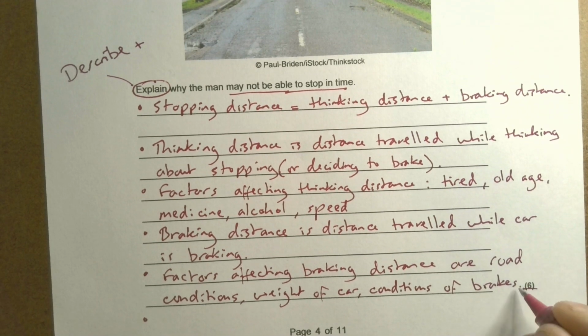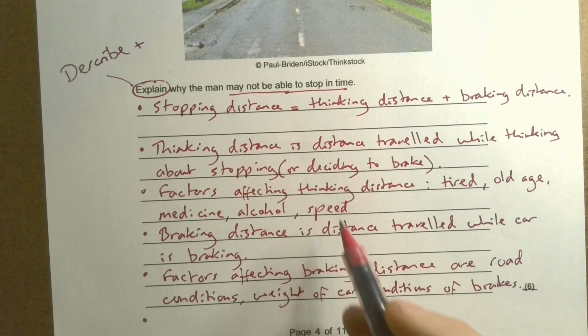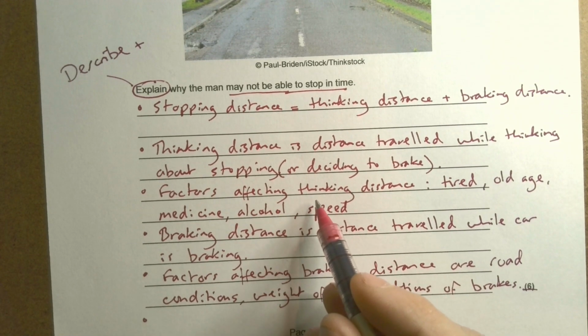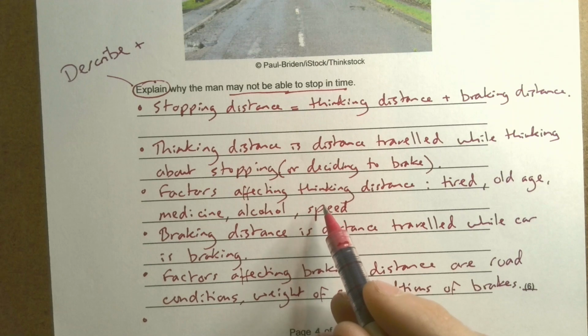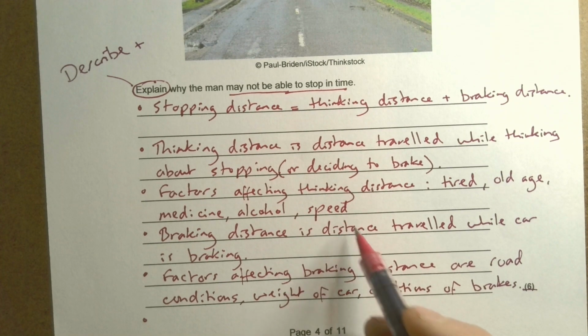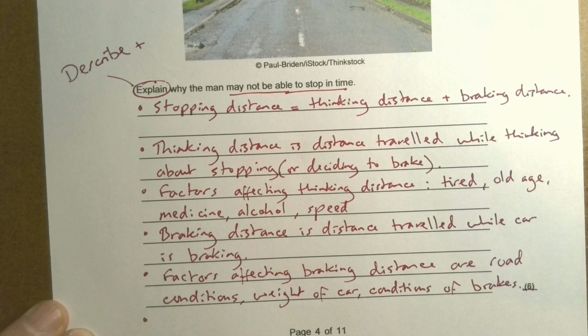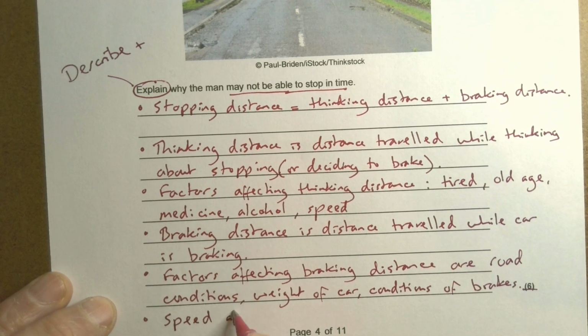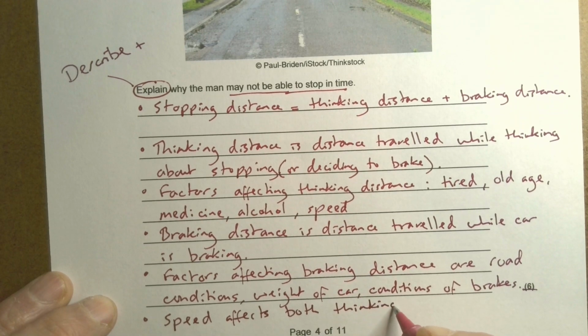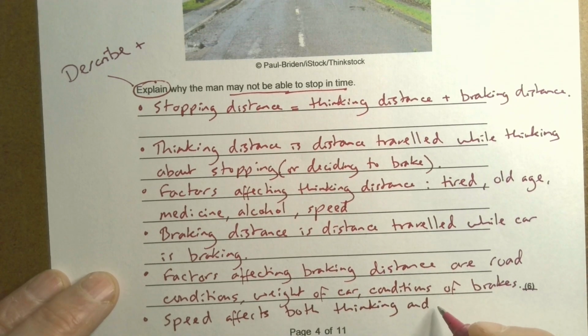So one of the things, as I'm writing this, I'm thinking actually speed affects both the thinking distance, because if you're travelling fast and it takes you a second to think, you'll travel further if you're travelling faster. And also speed affects your braking distance as well. So just to show the examiner that I know that, speed affects both thinking and braking distance.